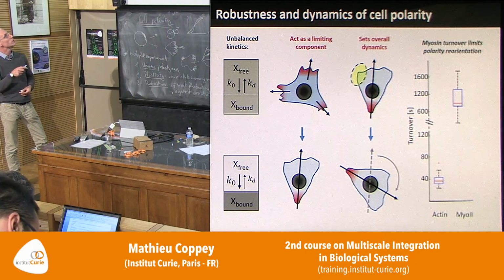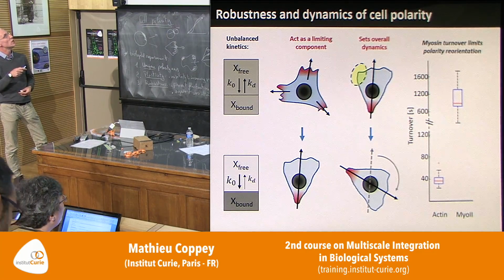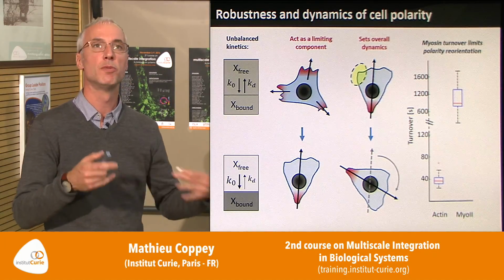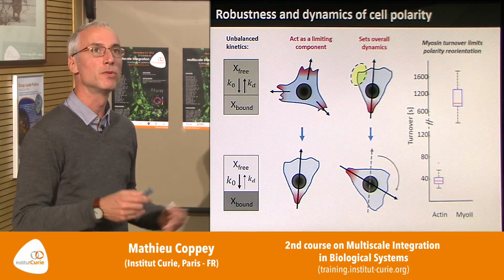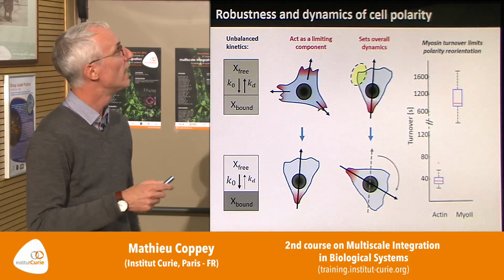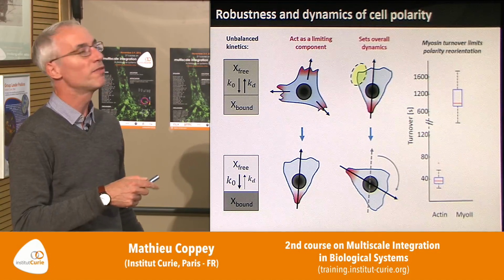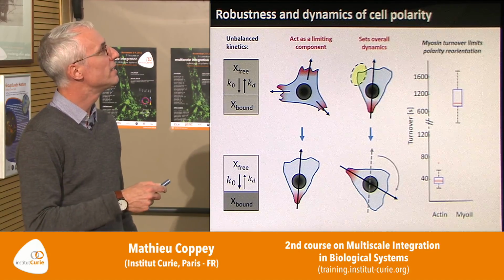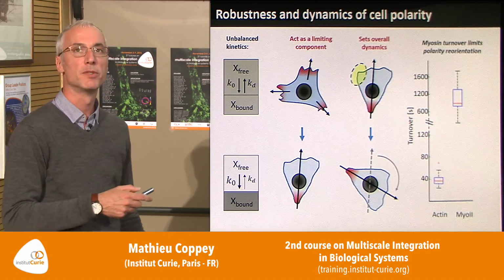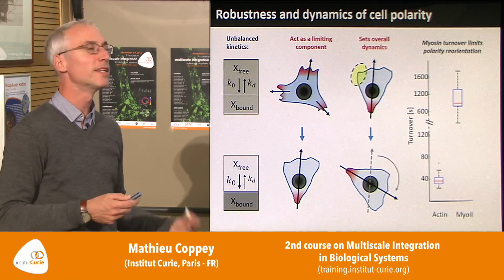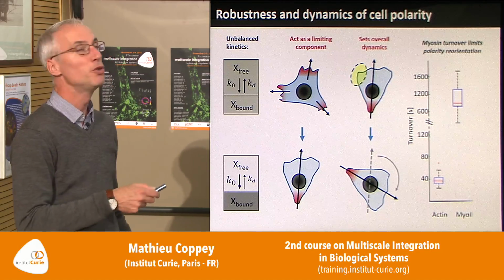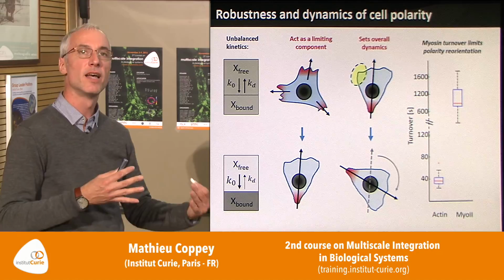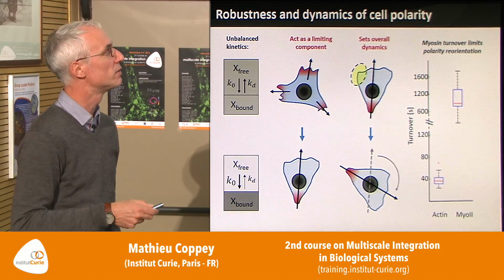In a case where you have plenty of cytosolic and not that much bound, you will have plenty of spots of activity that are able to coexist. If you want all of them to resolve in one spot, one way to coordinate them is to shift the balance toward the bound forms, where you put everything on the membrane, and that is a way you can end up with a unique polarity axis. So you can really coordinate independently of the cell size and amount of concentration. It's a very simple way to do it.